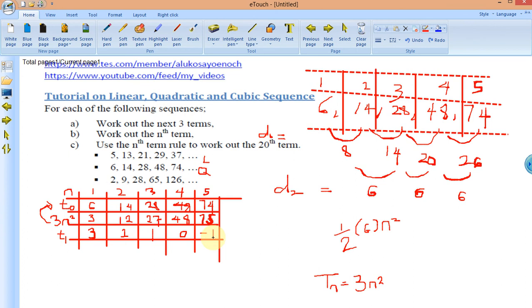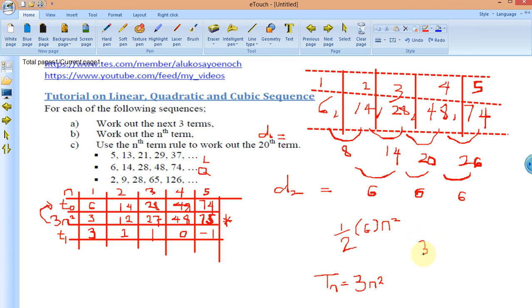So now this is a new sequence, because from here I have the first part of the formula, that is 3n squared. Then I take the difference of t naught and 3n squared, and that's this result.